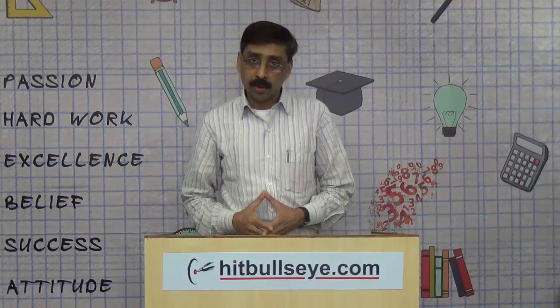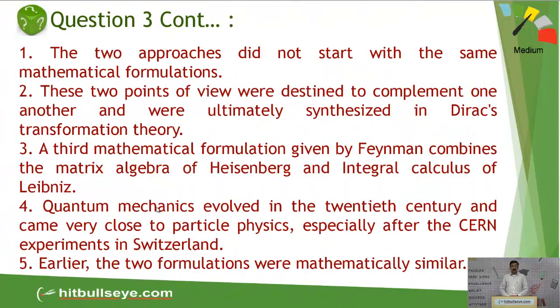Now let's go to the choices. The first choice says that the two approaches did not start with the same mathematical formulation. It seems to be a very tempting choice, but it is half correct, not the complete one. Third: a mathematical formulation given by Feynman combines the matrix algebra of Heisenberg and integral calculus of Leibniz. We are not sure, so we cannot conclude this. So third is rejected.